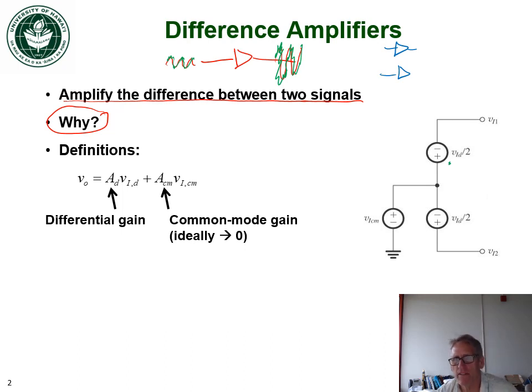And now, what we're going to put in the input here are signals that are 180 degrees out of phase. So one might have a sinusoid like that, and the other has a sinusoid like that. So our inputs are out of phase. Now, let's assume the same noise comes in and corrupts our signals.